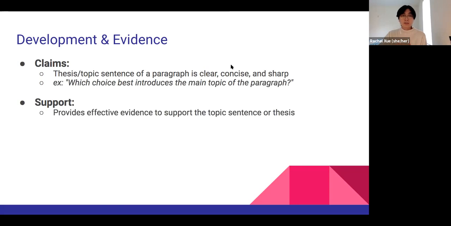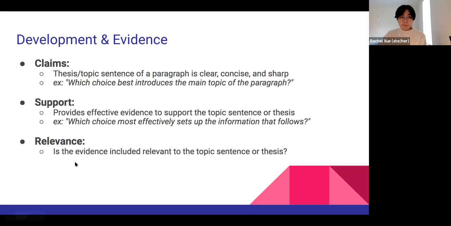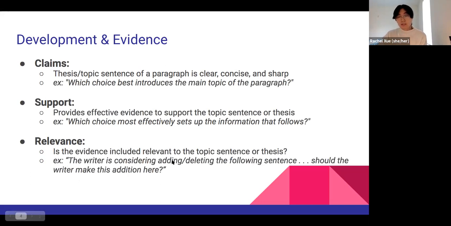These would be questions like which choice most effectively sets up the information that follows. And then lastly, relevance is about the relevance of the evidence. How relevant is it to the argument we're trying to make? So something like, the writer is considering adding or deleting the following sentence. Should the writer make this addition here?